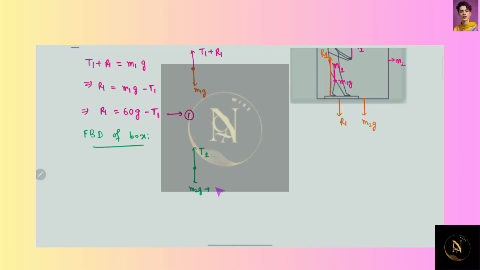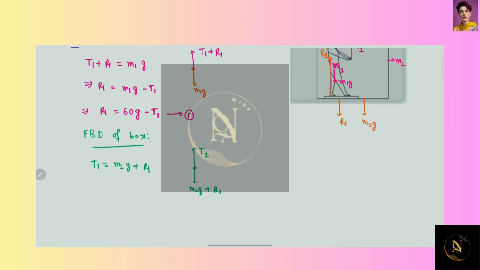So for the equilibrium of the box, as it is also at rest, we can write that T1 will be equal to m2g plus R1. Let's say this is my equation number 2.